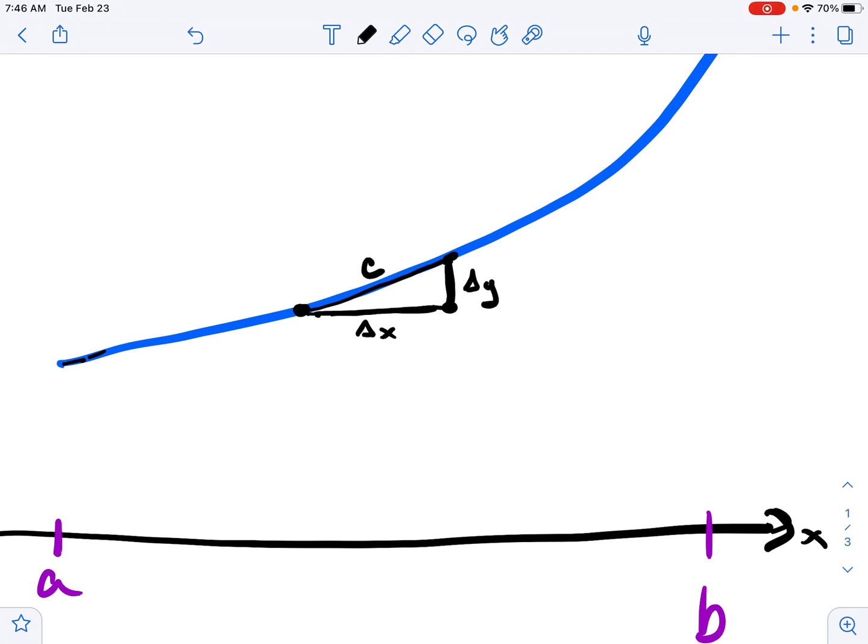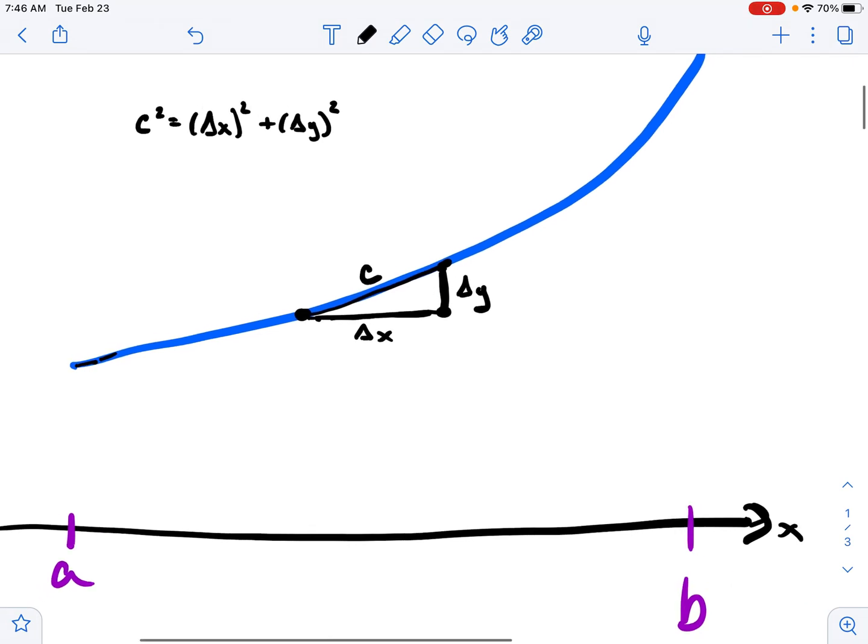So using the Pythagorean theorem, we get c squared equals delta x squared plus delta y squared. If I want to solve for the hypotenuse, we take the square root of both sides. And again, we're going to let delta x and delta y approach 0, so they get very small, and we get a very good approximation.